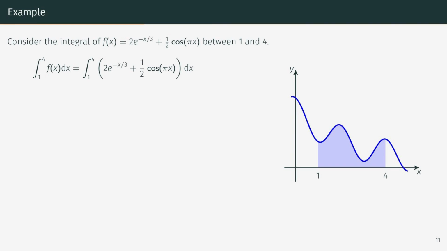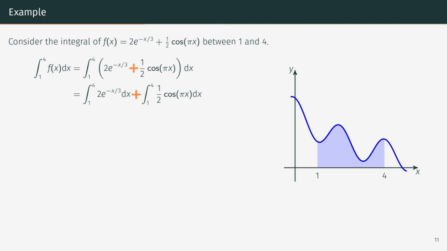We start by writing the problem in the appropriate form for the integral we want to solve. So the integral of f of x dx from 1 to 4 is equal to the integral of 2e to the negative x over 3 plus 1/2 cosine of pi x dx between 1 and 4.